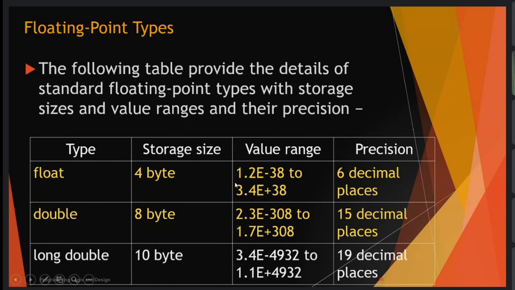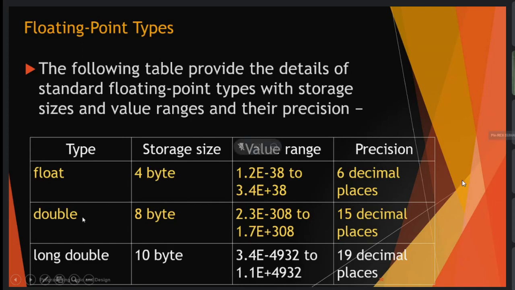For a 4-byte floating point, you could store numbers from 1.2 raised to the power of negative 38 to 3.4 raised to the power of positive 38. This is for the negative range, this is for the positive range. Essentially, when you talk about float, it can interpret as many as 6 decimal places.